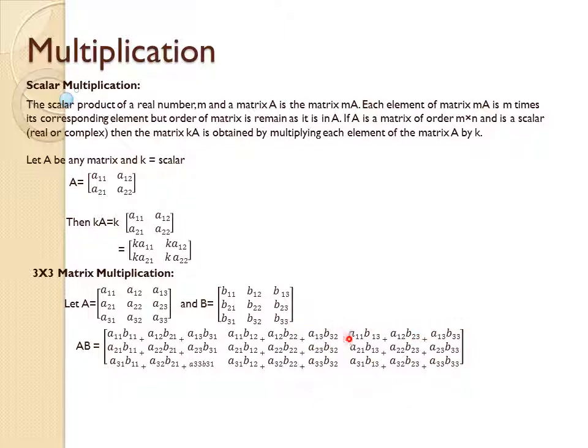So you can see the third element is coming. Similarly, second row and first column: A21 into B11, A22 into B21, A23 into B31. In this way, this element is coming. So this is the way we do 3 cross 3 matrix multiplication. Hope this is clear.